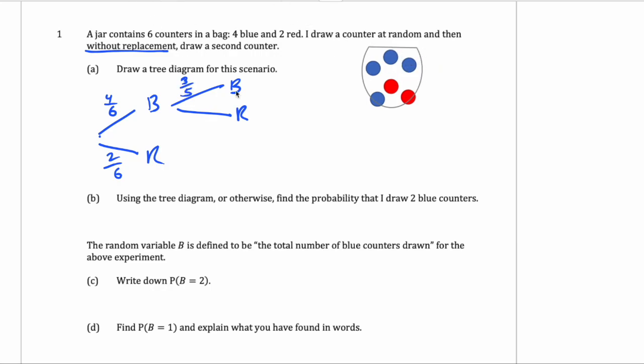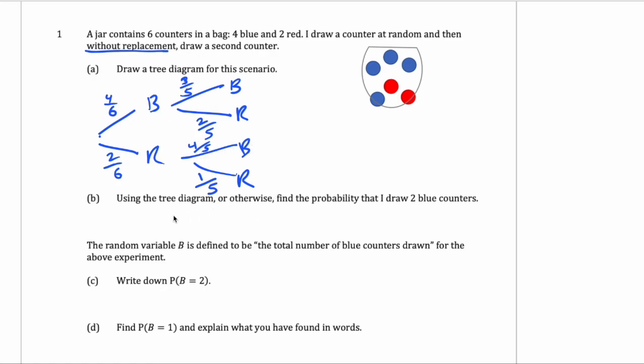And this one here would be 2 out of 5, and then we have blue, red. If 1 red is picked, then there's 1 red left for the second pick out of 5 total, and this one is still 4 blue, so it's going to be 4 out of 5. So those are our probabilities.